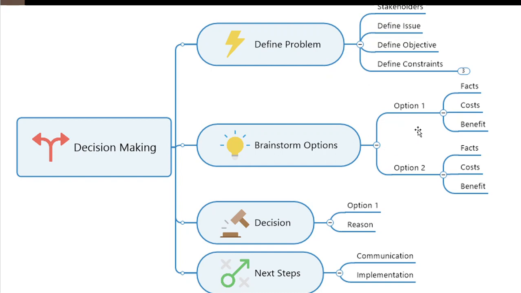So what will you put in this part is facts, cost, and benefit. Of course, when we try to solve a problem, we must know the cost that we must spend, in terms of money, energy, time, and so on.